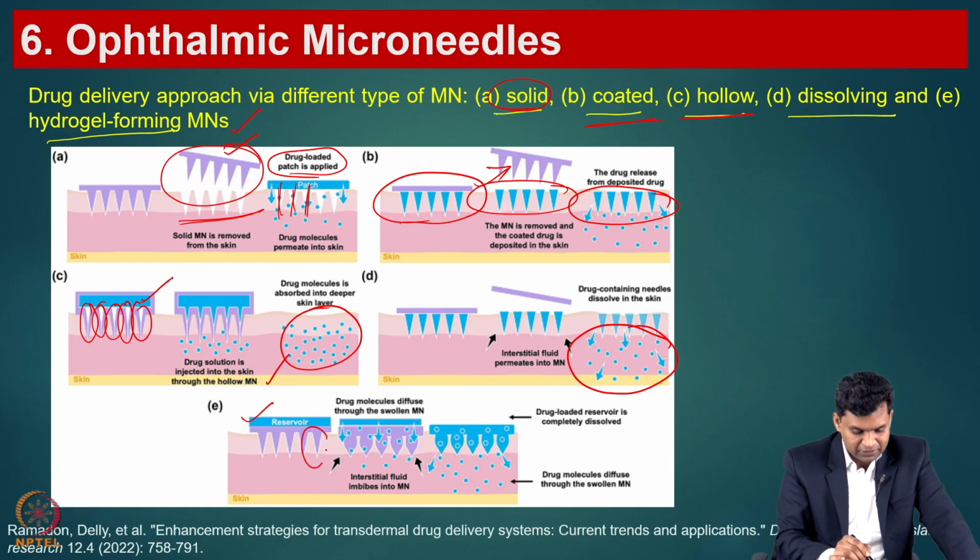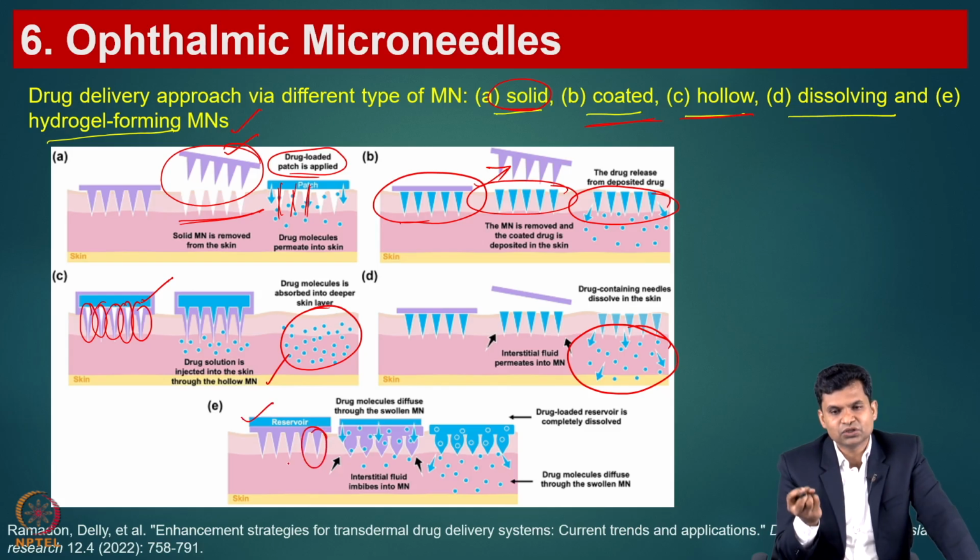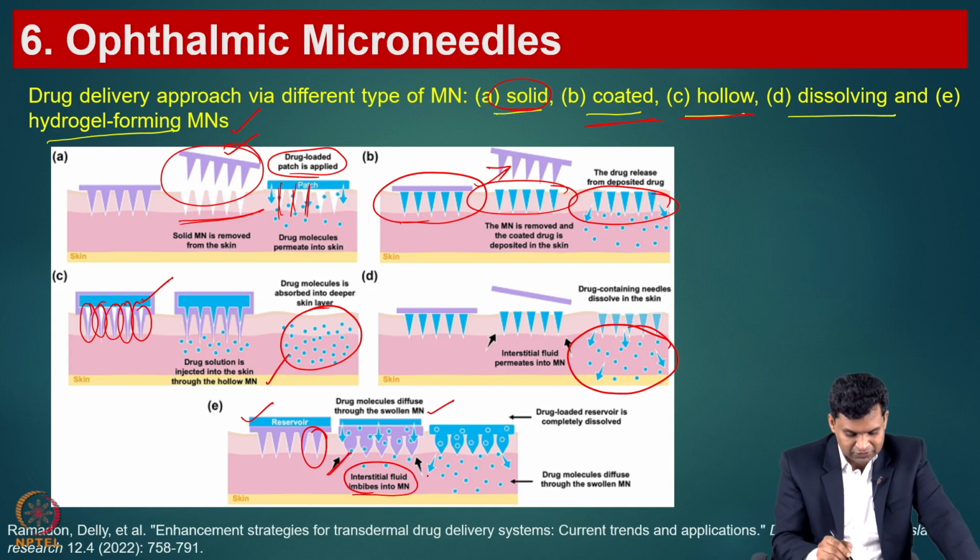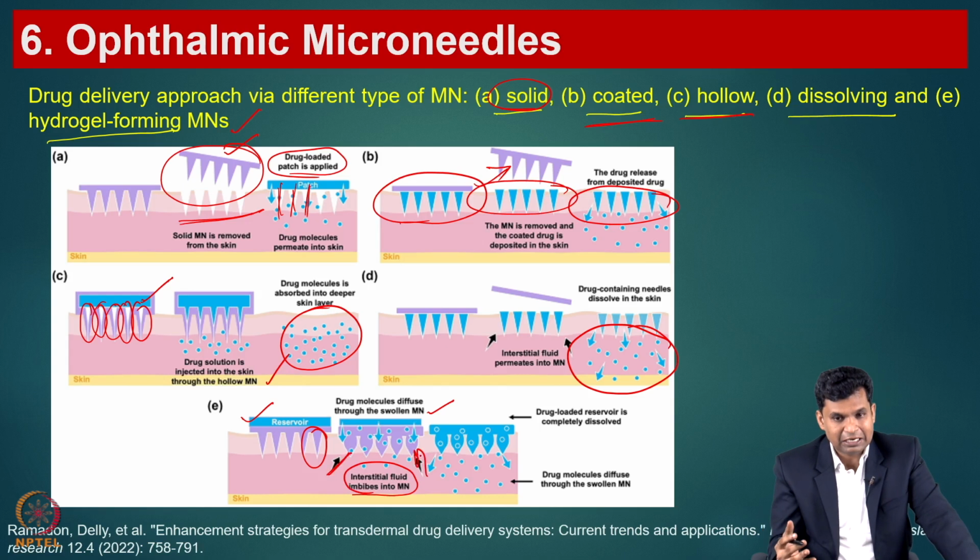This polymer has a high capacity to hold water after administration. You can read here, drug molecules diffuse through the swollen microneedle. These materials have high water holding and swelling capacity, so they absorb the water and swell, and the controlled release will be very high compared to all other systems.